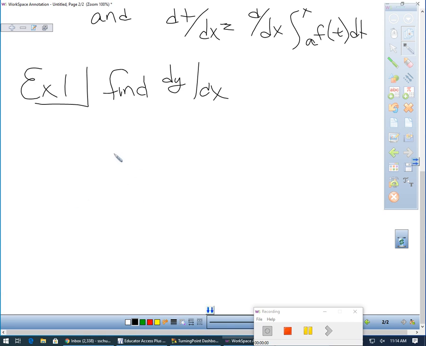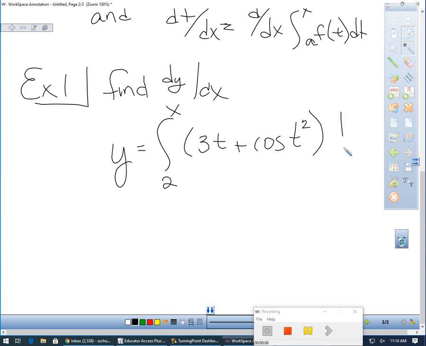So they give you that y equals the integral from, let's say, 2 to x of 3t plus cosine t squared dt. Looks crazy, right? But think about it.